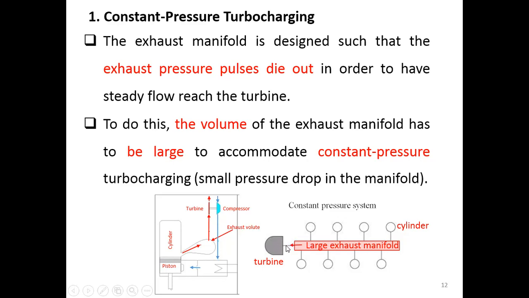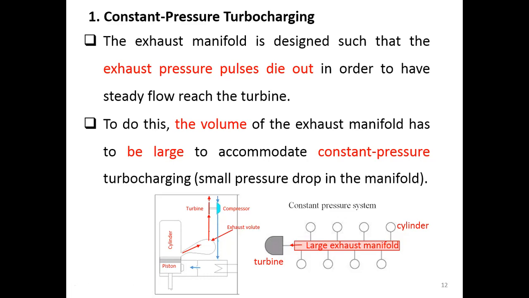The constant pressure of that flow has to be reached to make sure that the flow into the turbine becomes a steady flow. So the unsteady flow can happen in here, but when it flows into these regions, the steady flow must happen because the turbine works well under steady flow conditions.